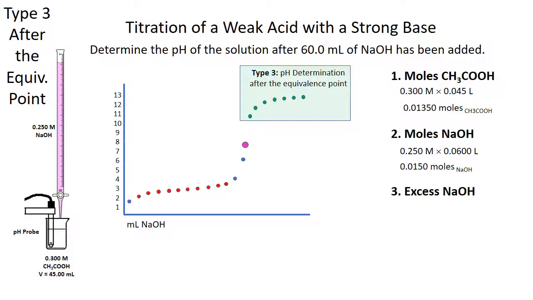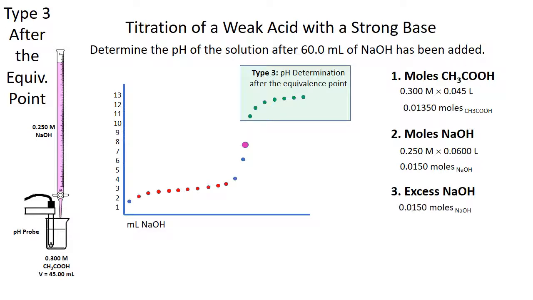Now, we have gone past the equivalence point, which is to say that we have added more sodium hydroxide than what the acetic acid can actually neutralize. So we need to know how much excess sodium hydroxide we have added. That's very easy to determine because neutralization occurs between the acetic acid and the sodium hydroxide in a one-to-one fashion.